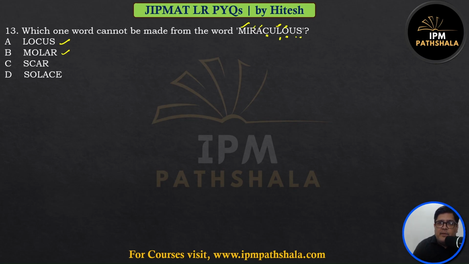See, scar, S C A R. I can form these. Solus. Solus has an E. This spelling does not contain even a single E. So you cannot form solus spelling. This cannot be created from the alphabets of the given spelling. Answer option D. Should you solve? Absolutely. Very easy questions.